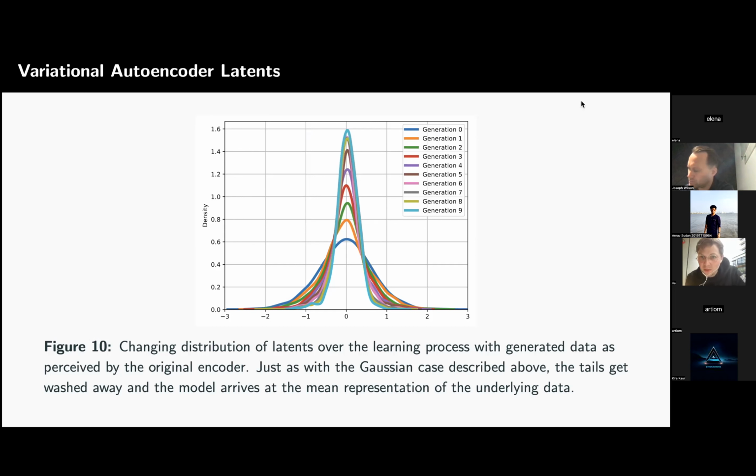So on this plot, we show what the distribution of latents looks like for generation 0, generation 1, generation 2, and so on, produced data. So here, generation 0 is data produced by the model trained on real data, right? Then generation 1 is data produced by model 1 that was trained on generation 0, and so on.